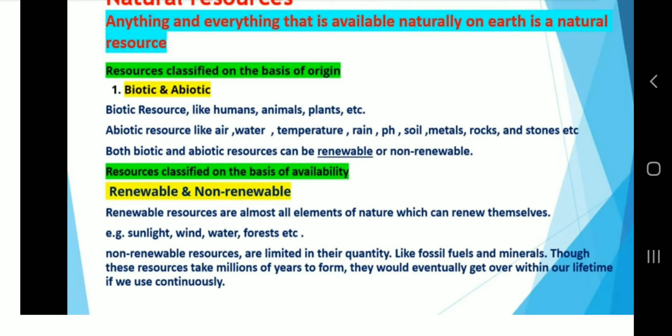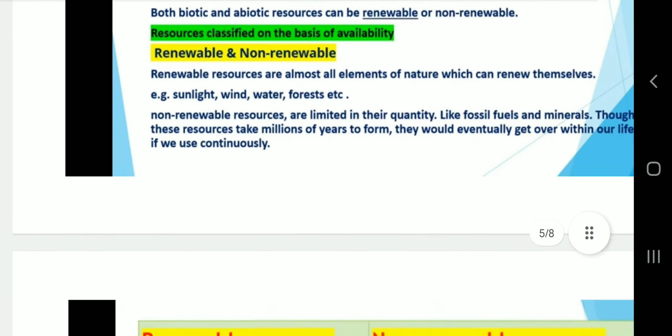Similarly, if we clear the forest and concrete the structure, in case of constructing roads, buildings, houses, settlements, forest cannot grow over there. So this is the reason why drinking water and forest are categorized under potentially renewable resource, a subcategory of the renewable resource.